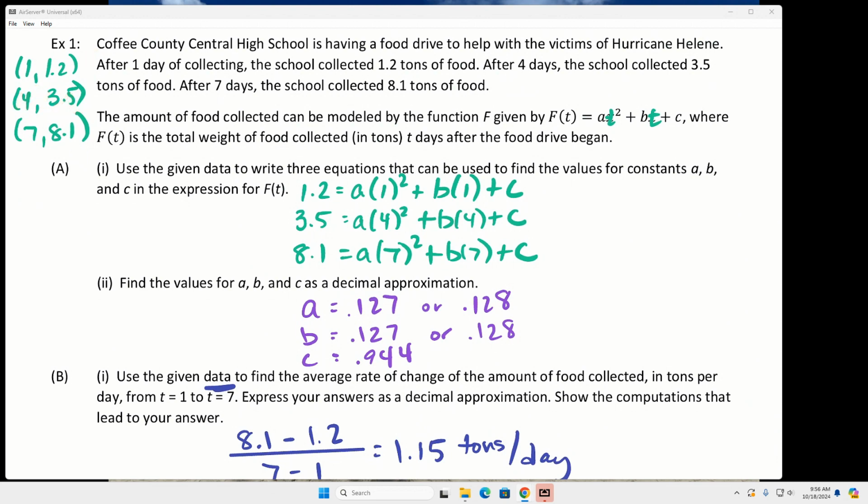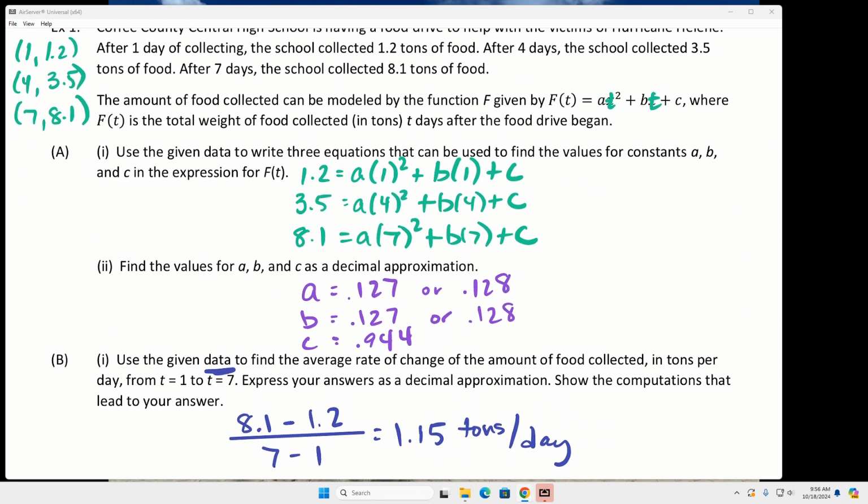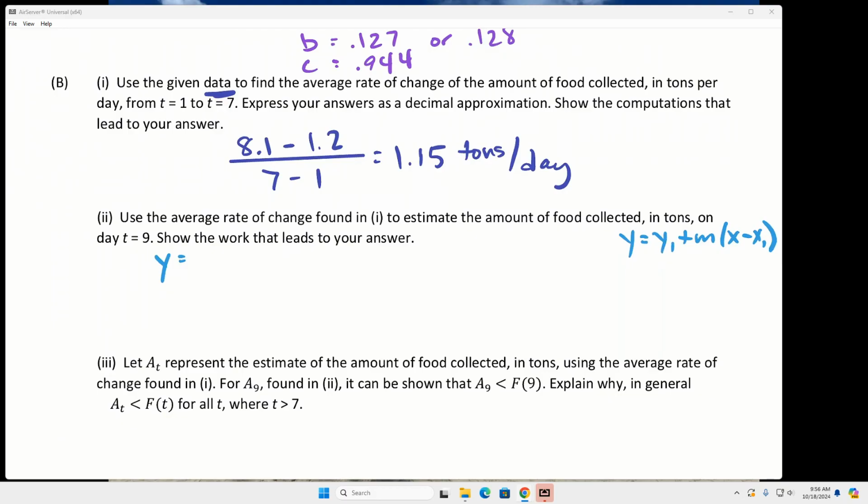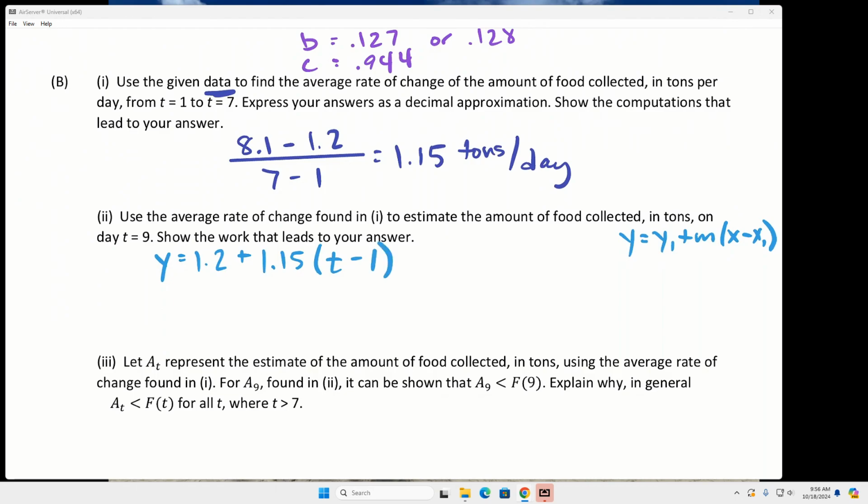Say it again? 1? Okay. And so what we would do, the y1 is going to be that 1.2. The m is going to be our average rate of change. I'm going to write t, and then from it, I'm going to subtract the 1. All right, and so to answer this question, I need to put 9 in for t.